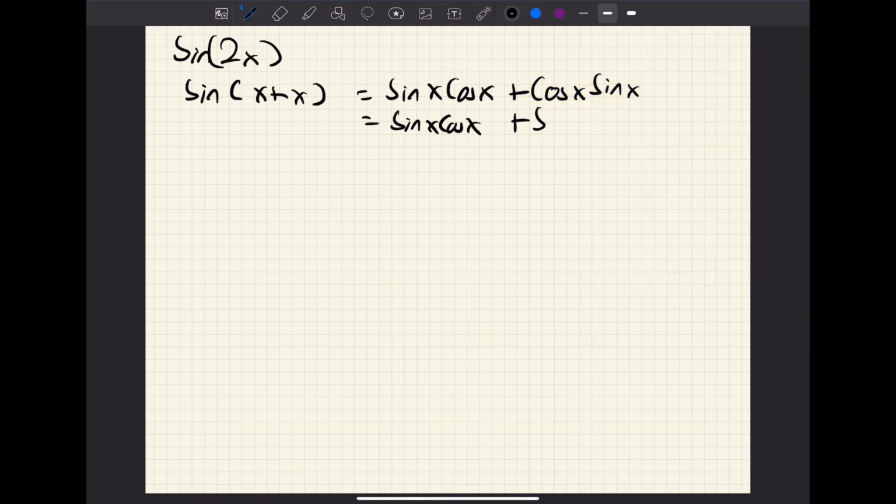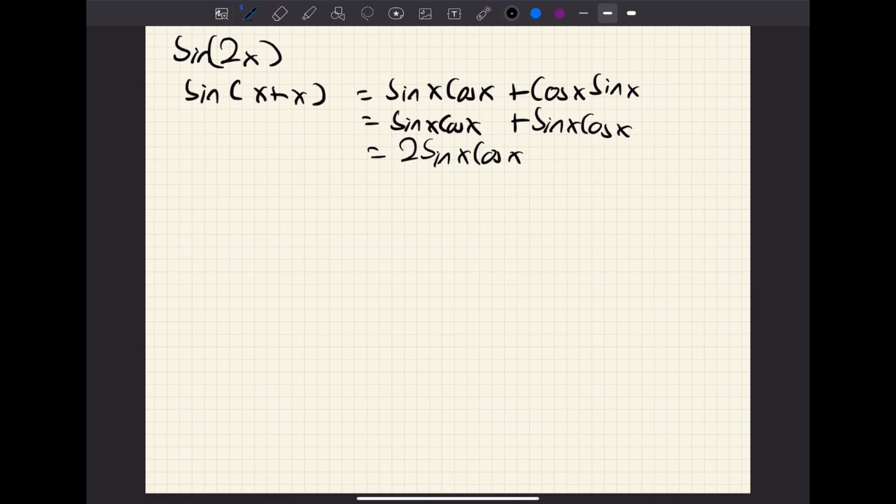Look, 2 into 3 is the same as 3 into 2. So cos x sine x is the same as sine x cos x. So these are the same exact values, and you get 2 sine x cos x. That is what sine 2x is equal to.